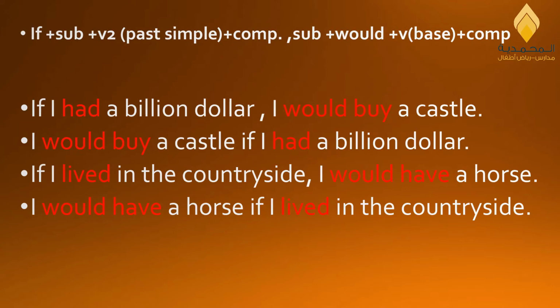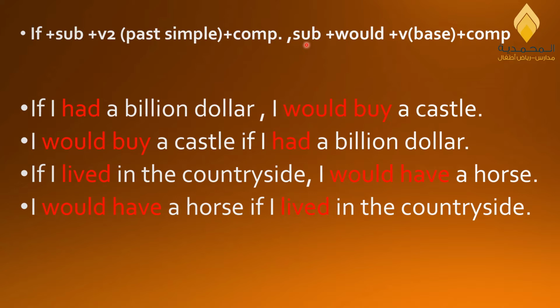Now, let's have a look at how we structure a sentence using the second conditional. We start the sentence with if plus subject followed by verb two, which is the past simple, plus a complement if needed.